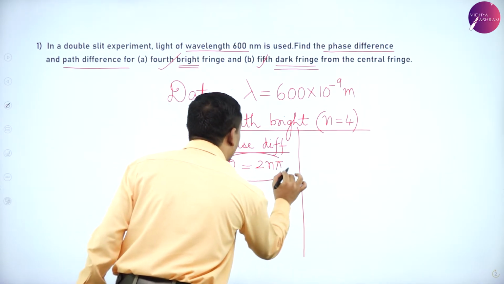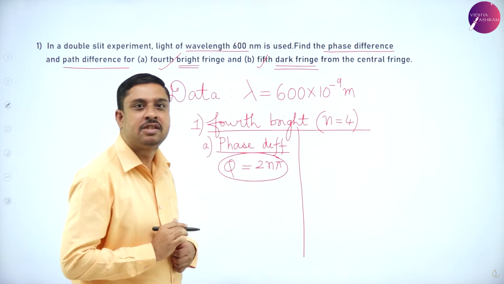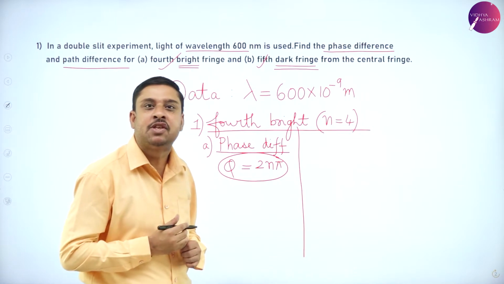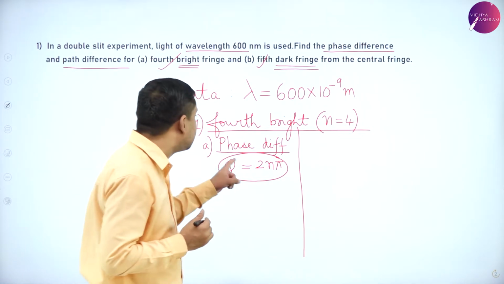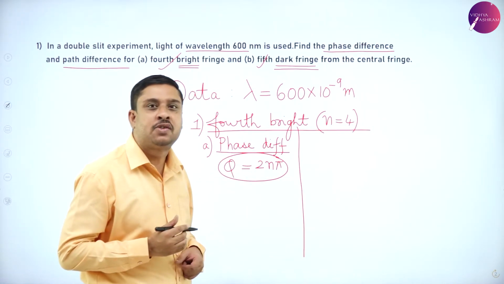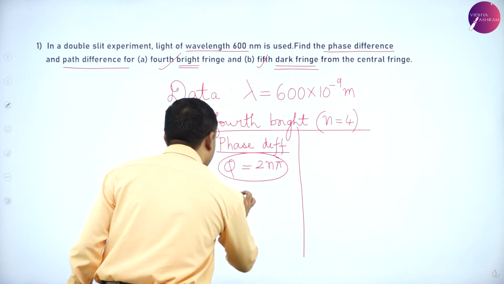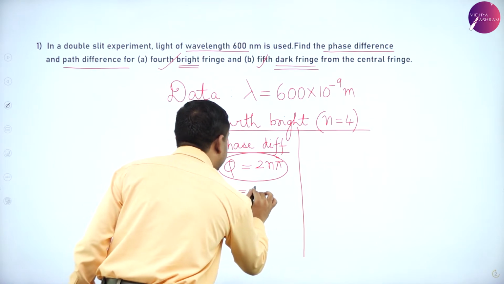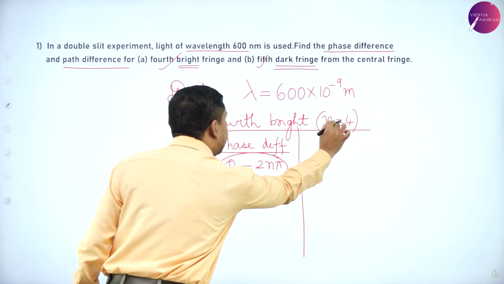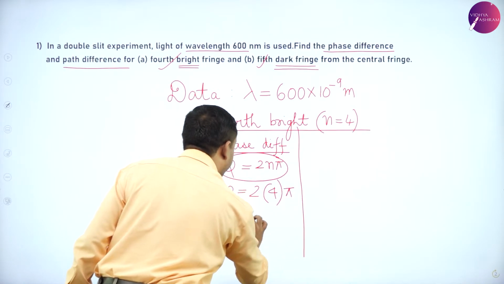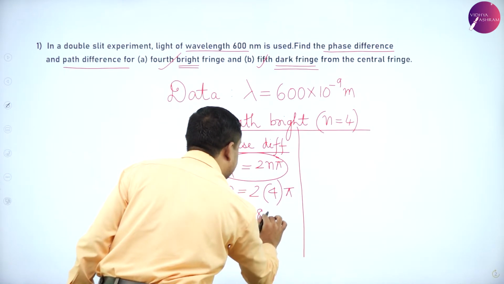You have to remember this. For constructive interference, phase difference phi equals 2n pi. N here is 4. I keep pi as it is.